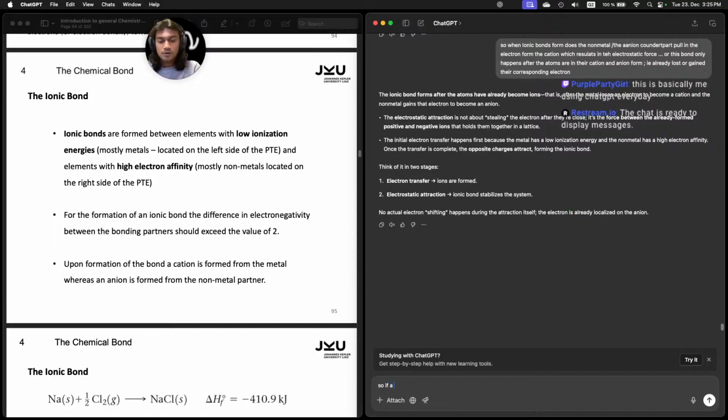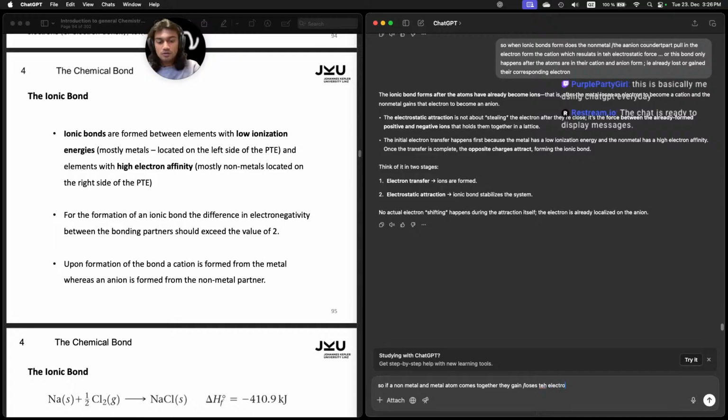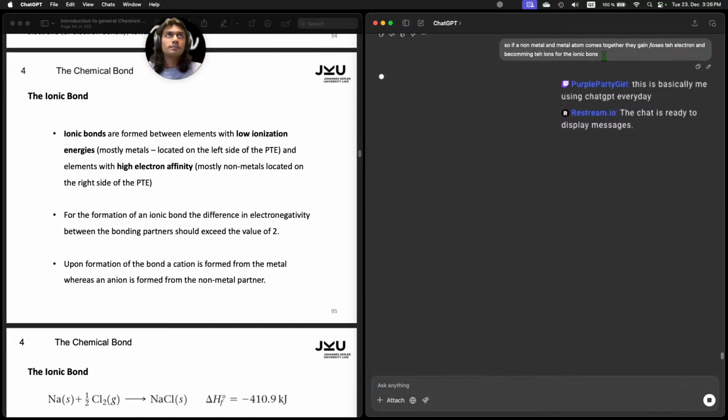So if a non-metal and metal come together, they gain or lose and become ions, and the bond forms.